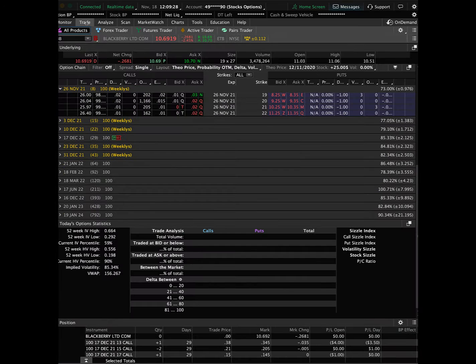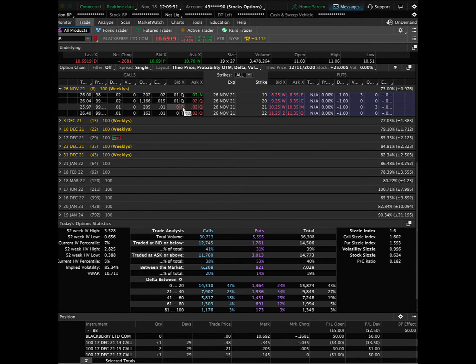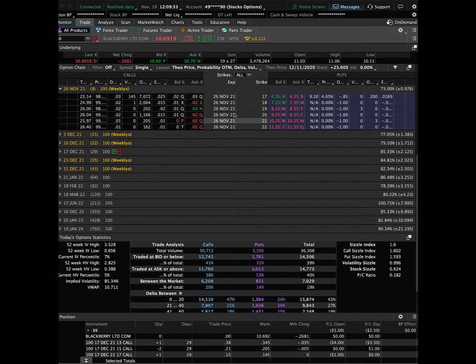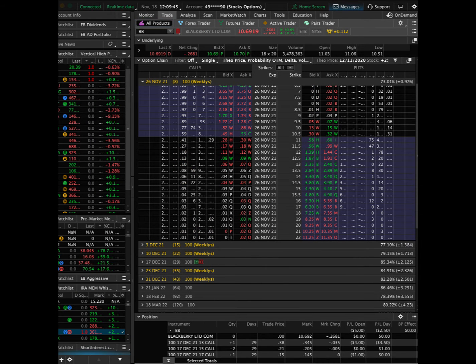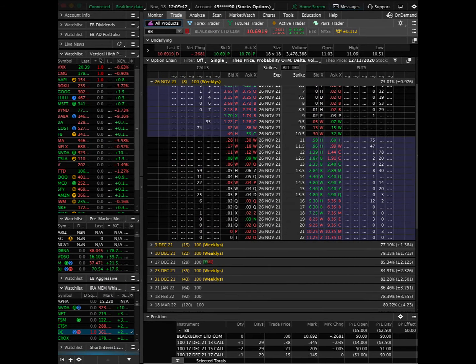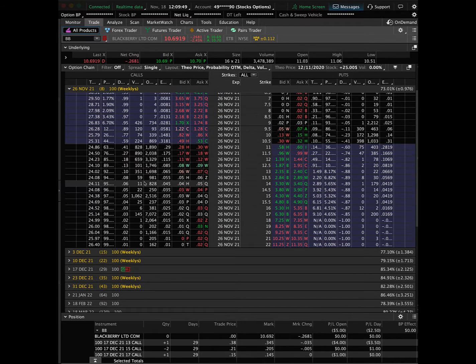Going to show you the options chain and maybe a different way that we can determine levels of support and resistance. One way we can do it is to just look at where all the volume is. So for example, on this BlackBerry trade here, we can see that a lot of the volume is at $15.